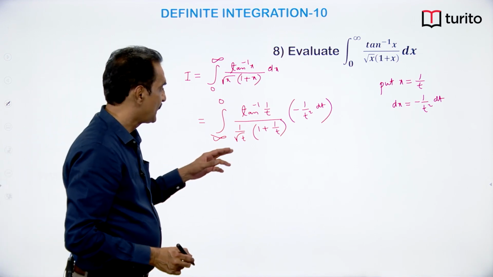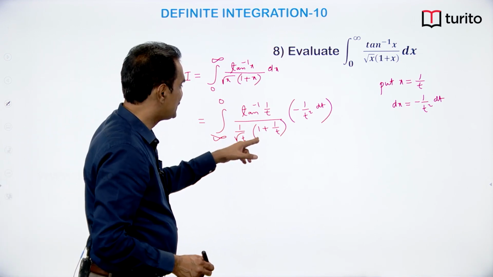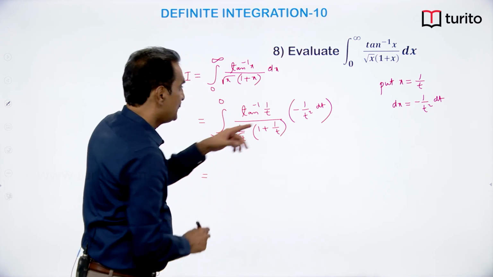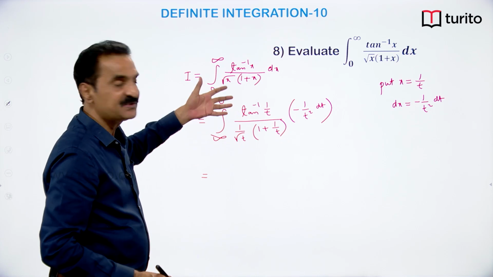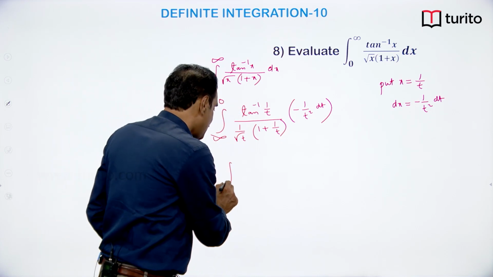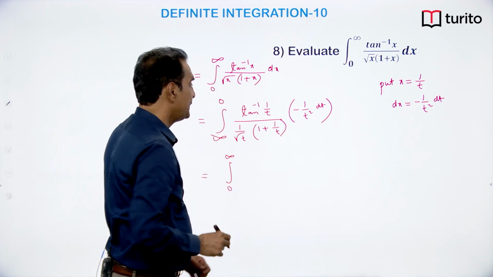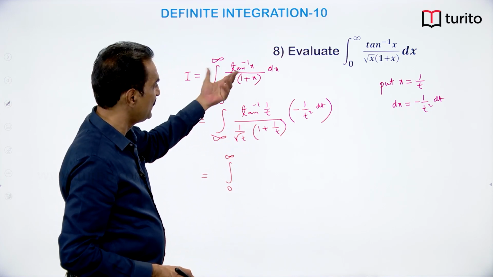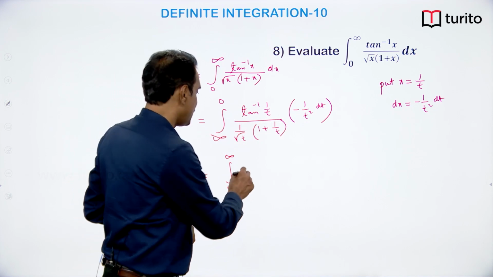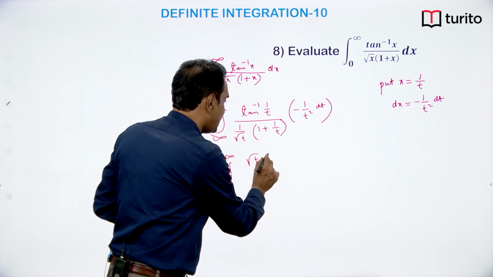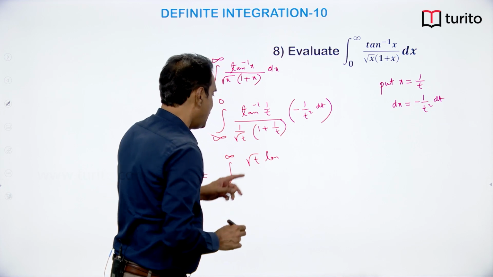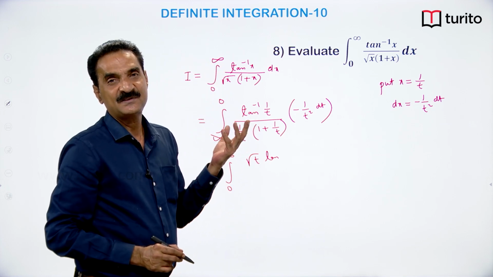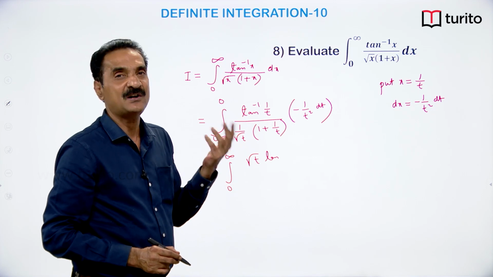Now simplify, taking LCM. First, remove that minus sign and interchange the limits. 0 to infinity, t root t will go to numerator after cancelling t square. You will get root t tan inverse 1 by t, and we can write tan inverse 1 by t as cot inverse t. If x is positive, tan inverse 1 by x is cot inverse x.